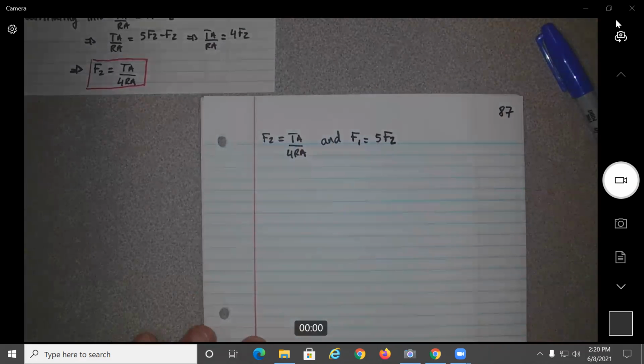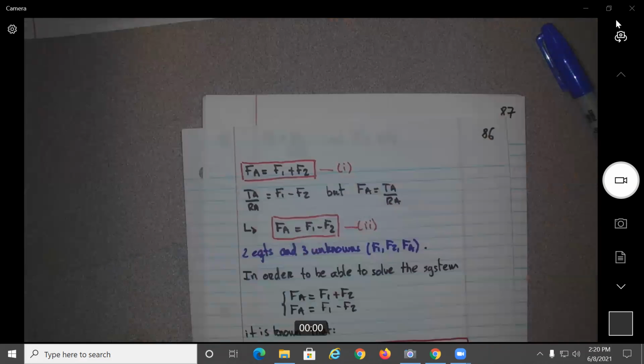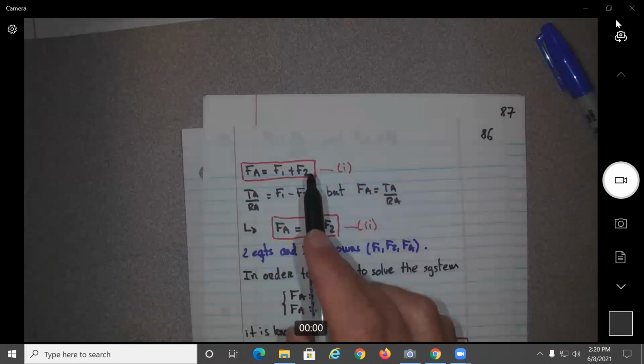So from equation 1, FA equal F1 plus F2.